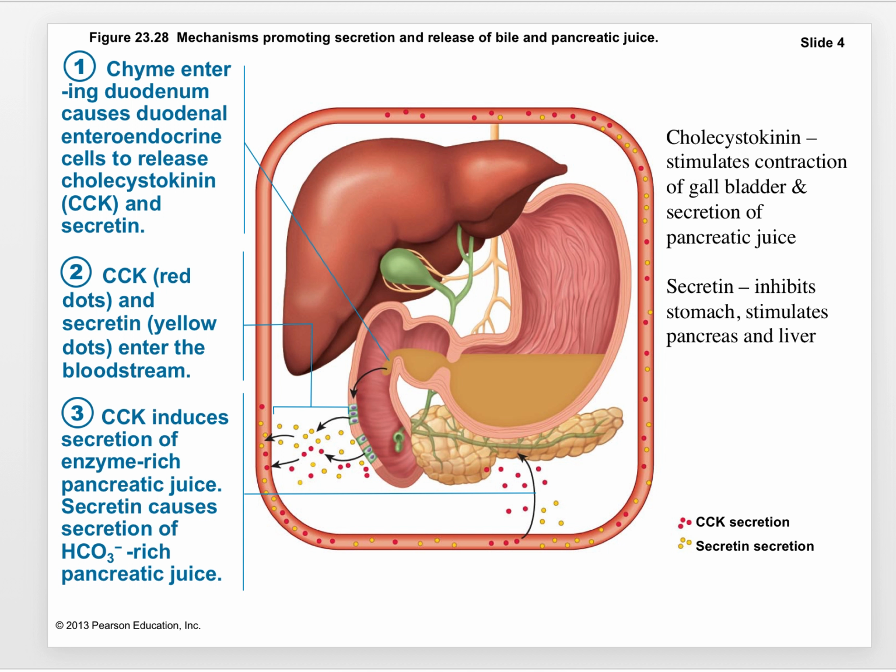Cholecystokinin then induces the secretion of pancreatic juice. Secretin causes the secretion of bicarb from pancreatic juice. Because remember, these hormones stimulate contraction of the gallbladder.